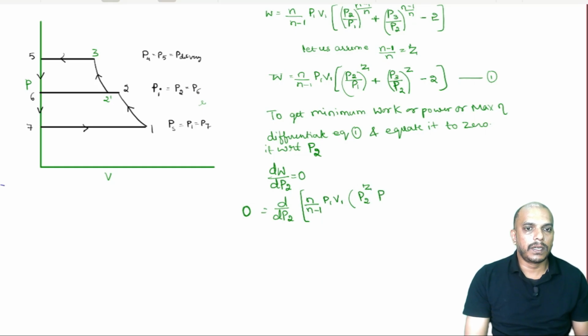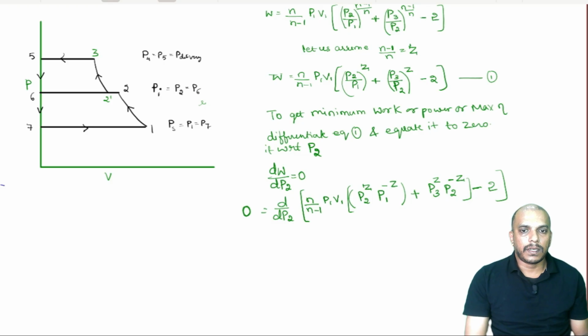P1 also I will bring to the numerator, that will be P1 power minus z, plus P3 power z, and this P2, if it comes to the numerator, will become power minus z, and this minus 2 is there only.